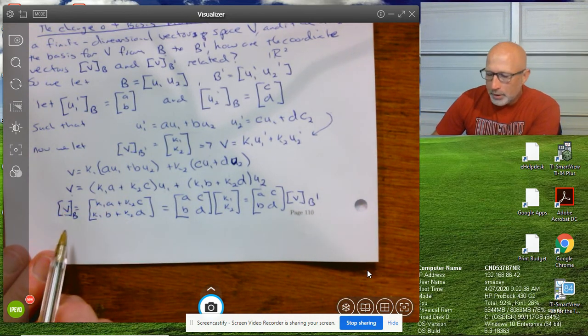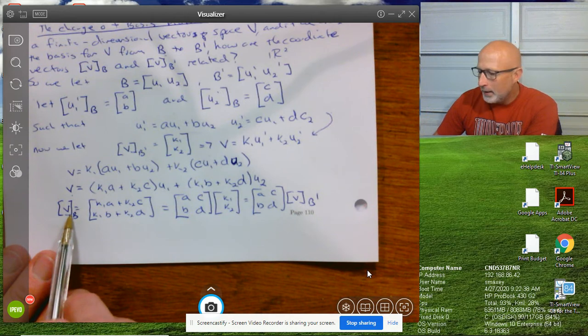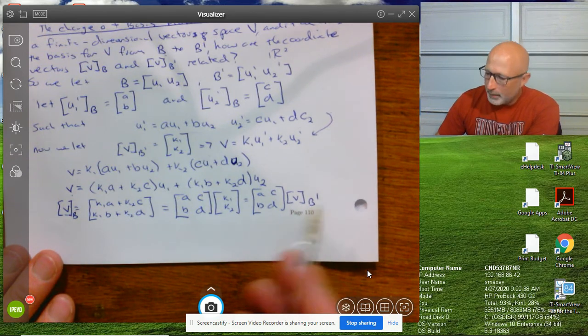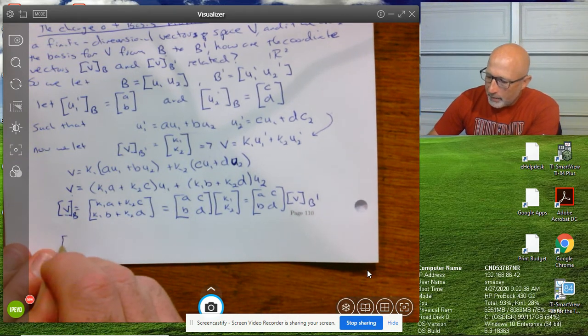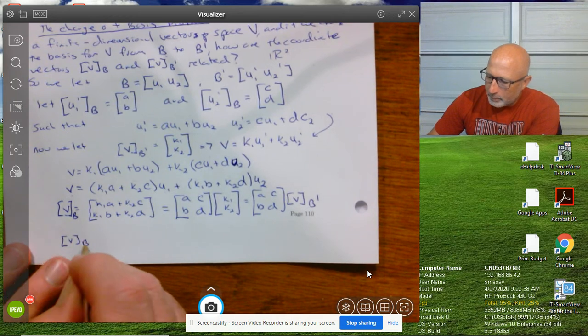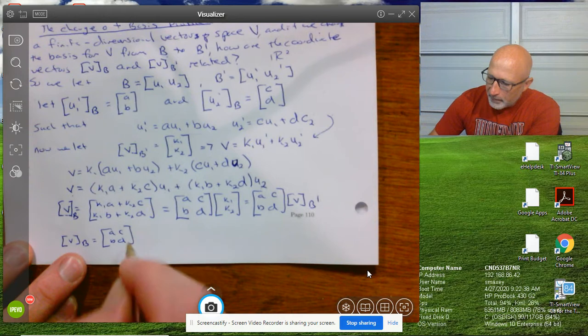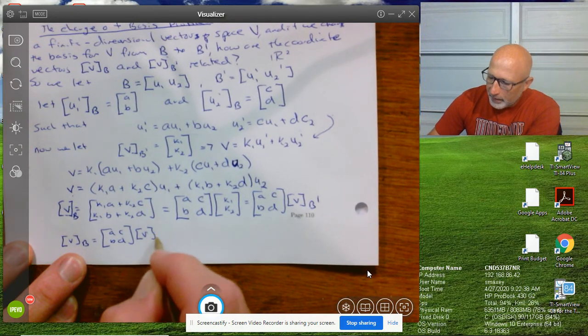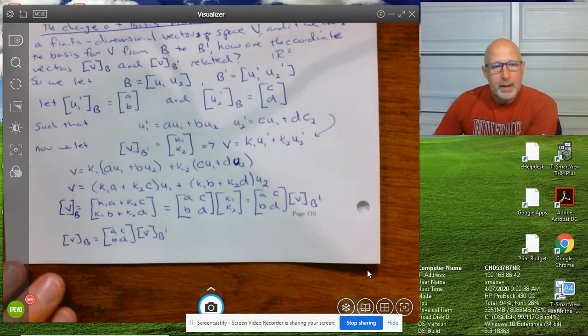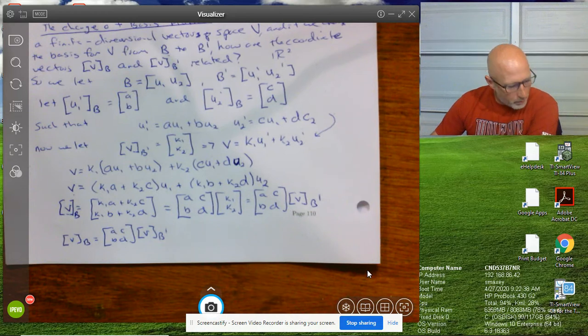I came up with a relationship between the vector written under base B and the vector written under base B prime. So the vector V under the basis B is equal to A, C, B, D times the vector V under the basis B prime. And that's the relationship that I want.